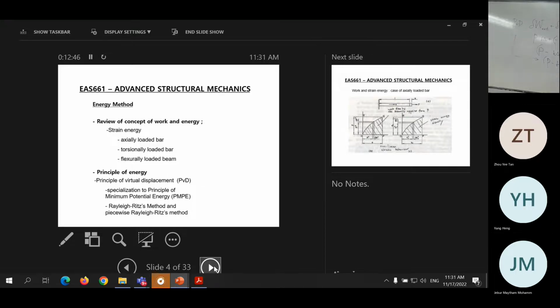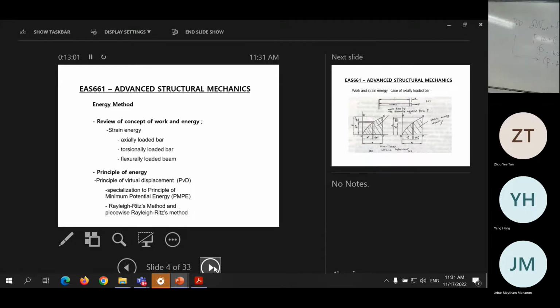So we are going to, in this EAS661, in the 4 weeks, including this week, starting this week, we will look at this starting with principle of virtual displacement.